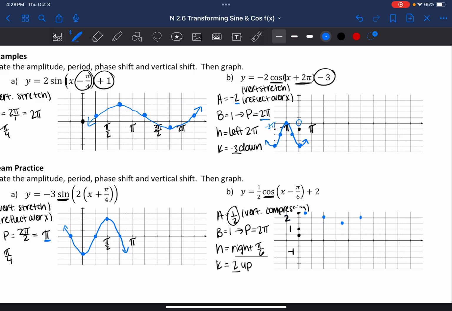And then I would be back here. And then finally I'd be back in between right here. So our graph would look something like this.